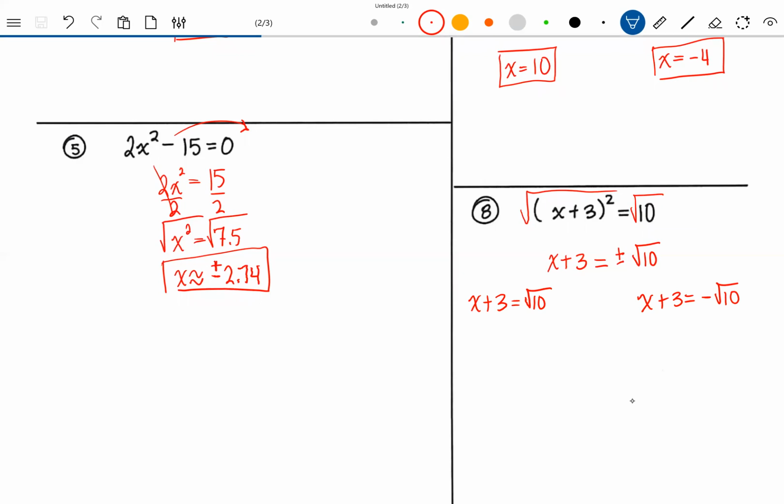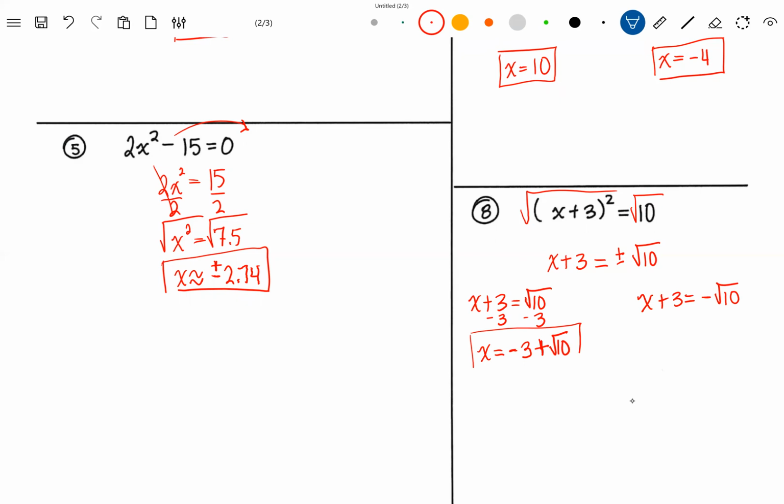Now, if I want to leave this exact, I would go ahead and subtract 3, and I'd write that whole number first. So there's one possible answer for x over here. Same thing.